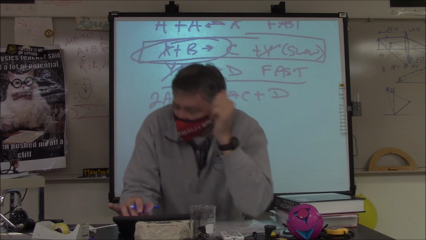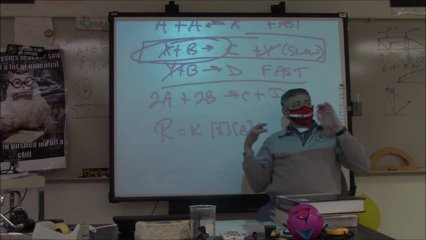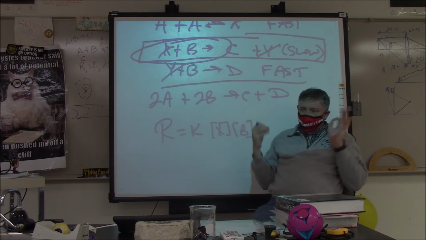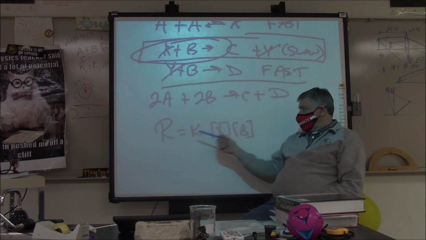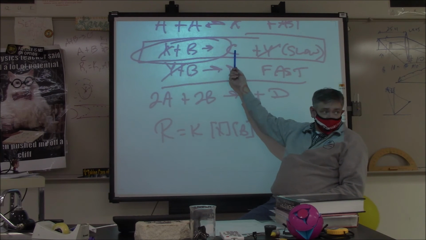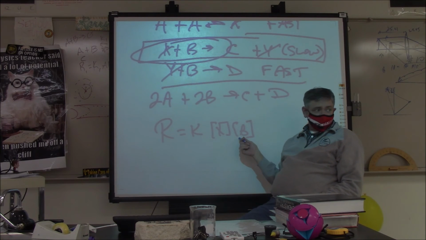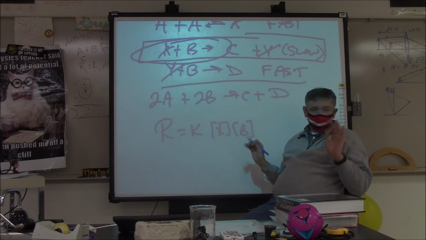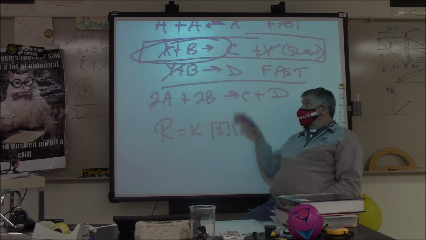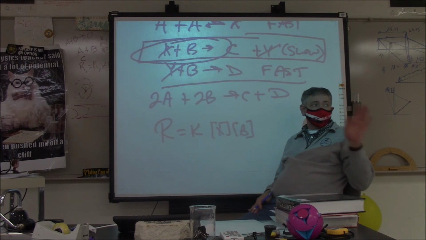If this was a single elementary step reaction, since this is my slow step, the rate would only be dependent upon the concentration of X and the concentration of B. That's what it would depend on, nothing else.